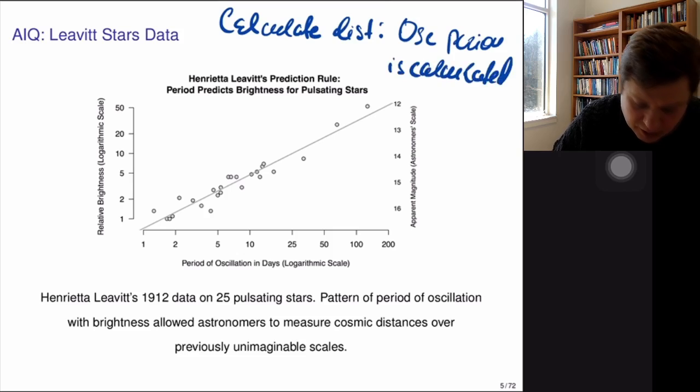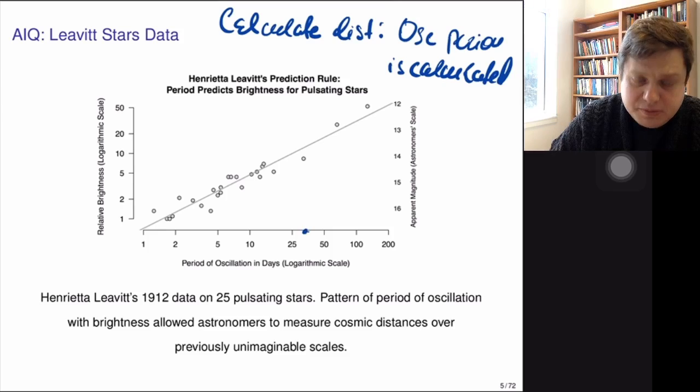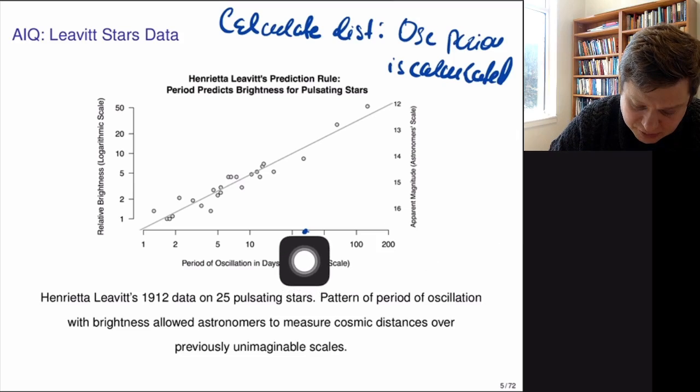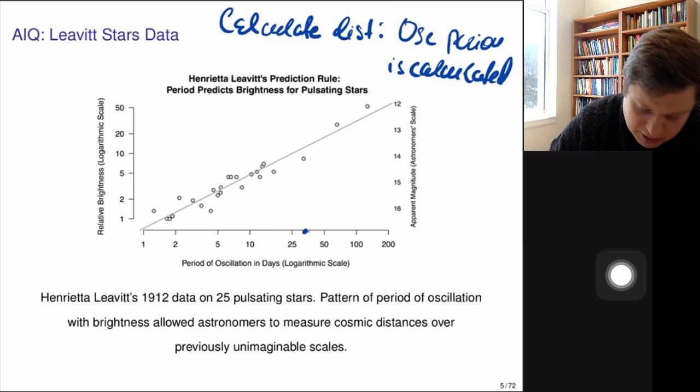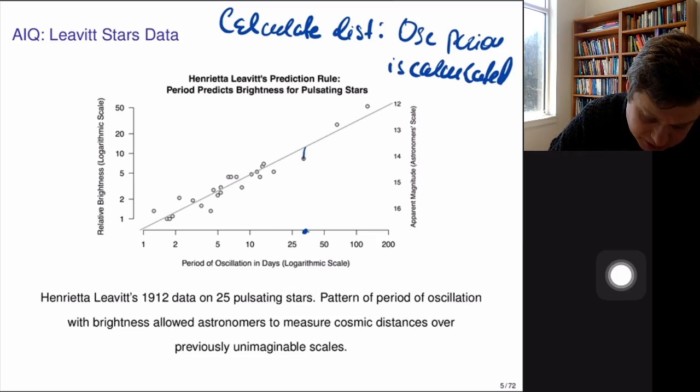And then let's say on the logarithmic scale, the oscillation period is 35 days. So it's somewhere here. Once you know the oscillation period, which is roughly 35 days, you can predict what the true luminosity of that object will be. So let's say the period is equal to 35.